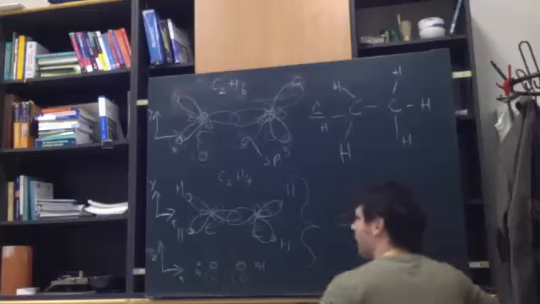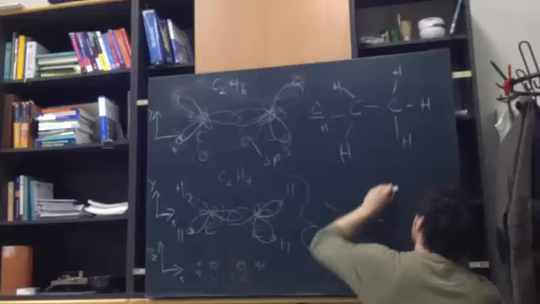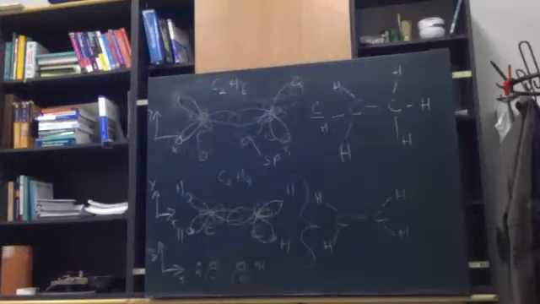This is a pi type bond between them, and then we have the sigma bonds with the hydrogen atoms. So this is an example of the sp2 hybridization.